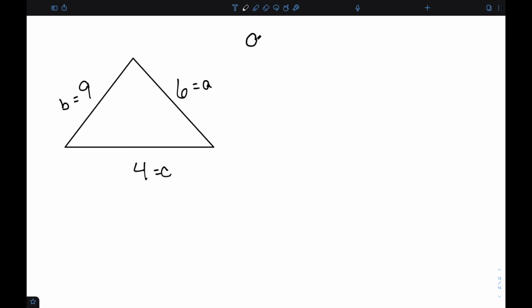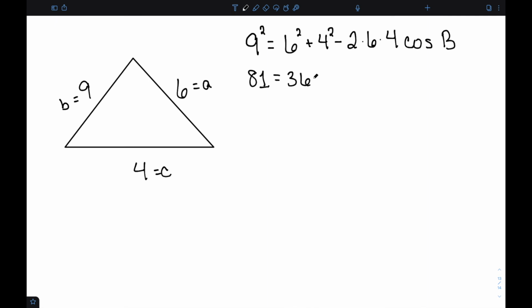It says that b squared is equal to a squared plus c squared minus 2 times a times c times cosine of angle B. 9 squared is 81, 6 squared is 36, 4 squared is 16, 2 times 6 times 4 is 48. 36 plus 16 is 52.